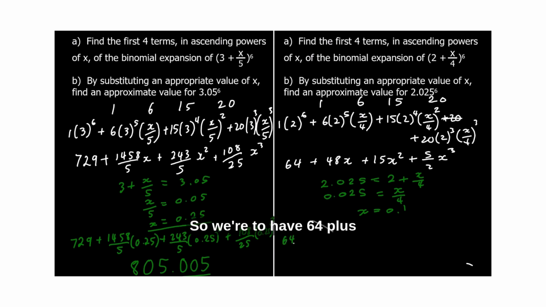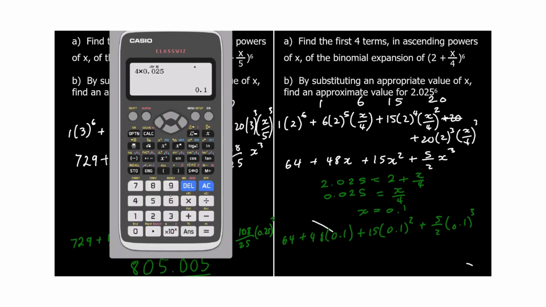So we're going to have 64 plus 48 0.1s plus 15 times 0.1 squared plus 5 over 2 times 0.1 cubed. 64 plus 48 0.1s plus 15 0.1s squared plus 5 over 2 0.1 cubed.